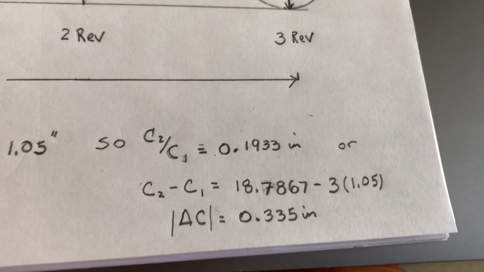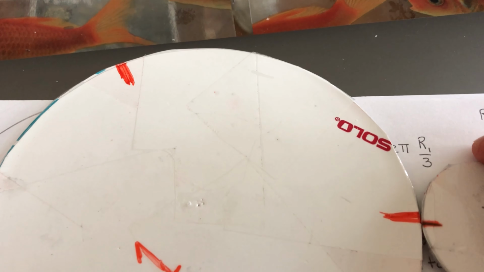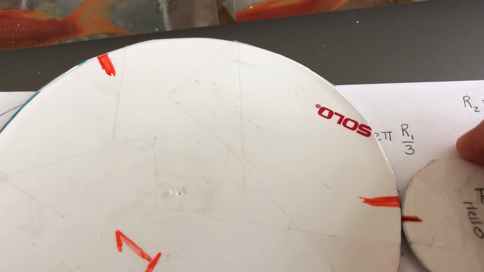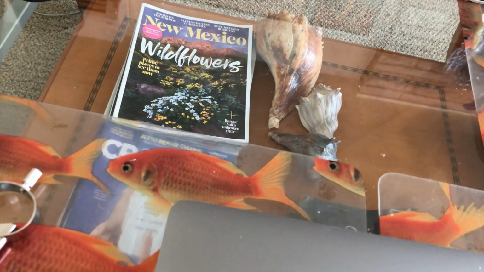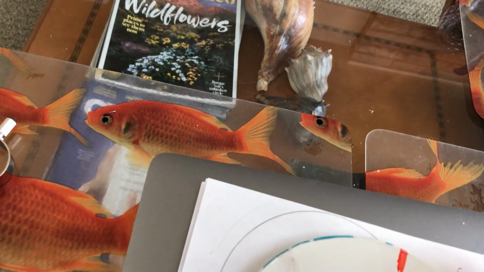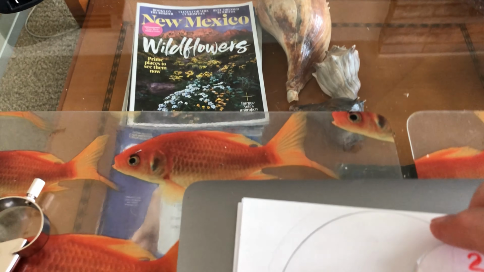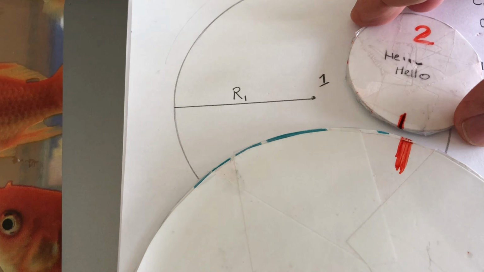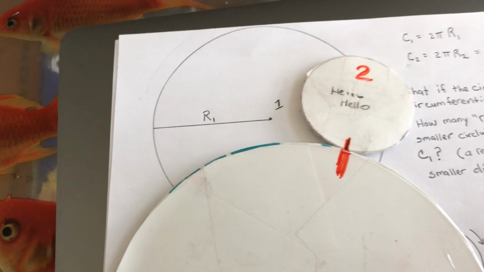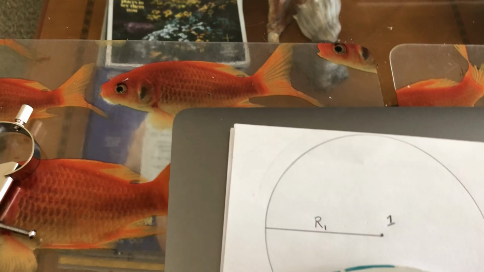And that's significant because when you roll that disc, these lines are not going to line up like that. These lines are going to be something like that, and so it really makes a difference. You have to be pretty precise when you cut these things out.